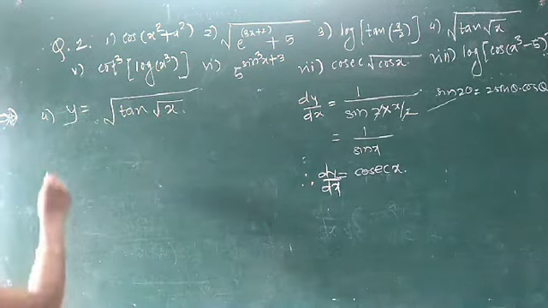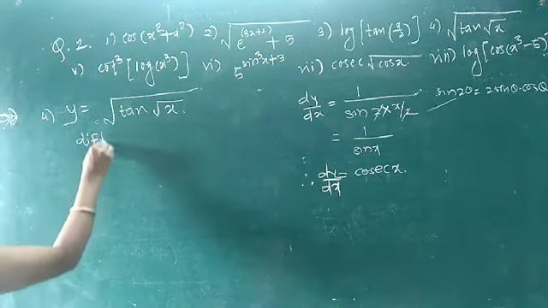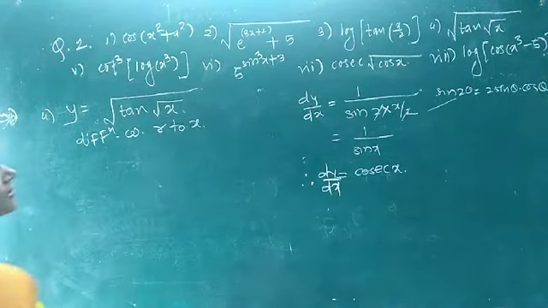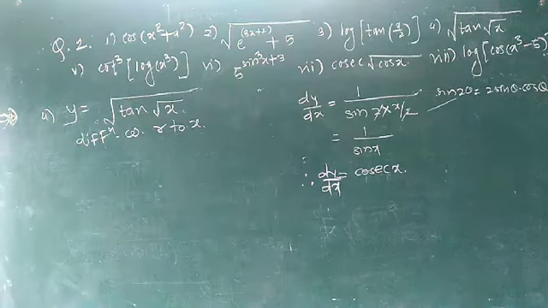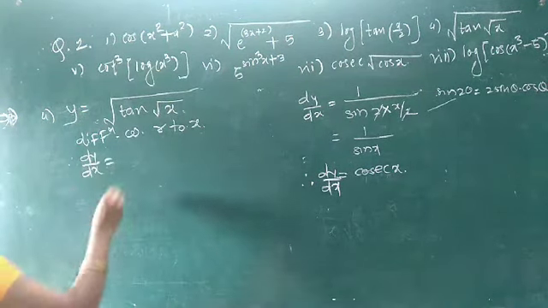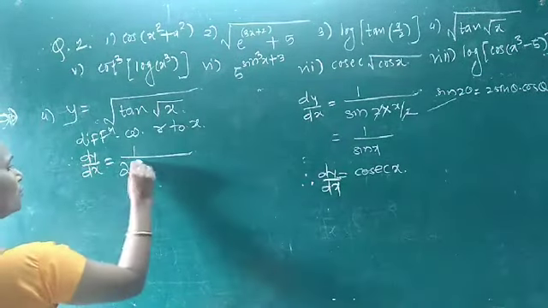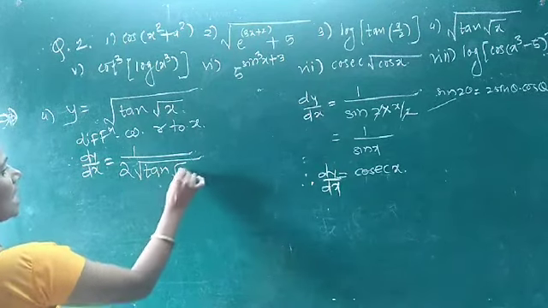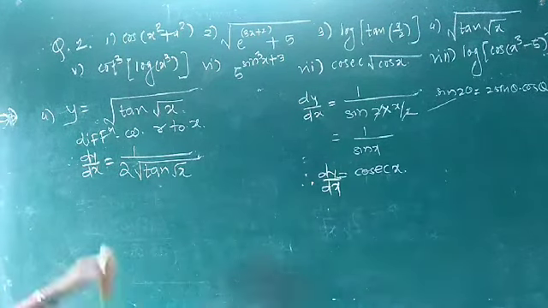So dy upon dx, which is in the form of root f of x, and we know the derivative of root f of x is 1 upon 2 root f into f dash. Therefore dy upon dx is equal to 1 upon 2 root function as it is. Root tan x into, take the derivative of the function.